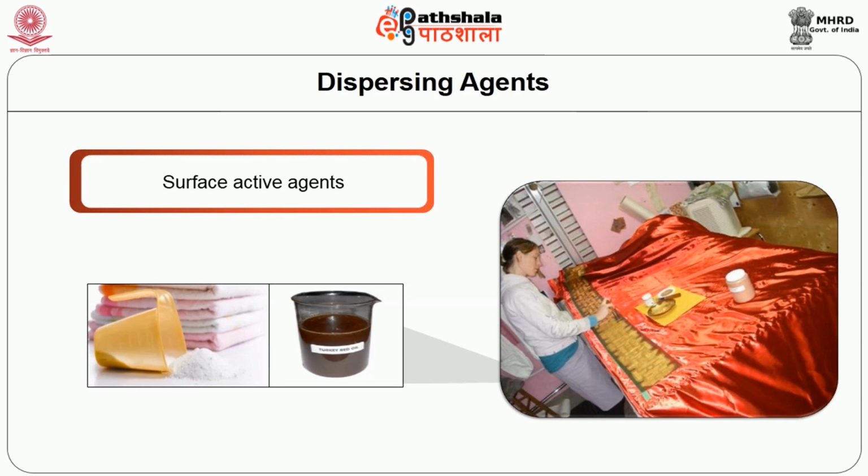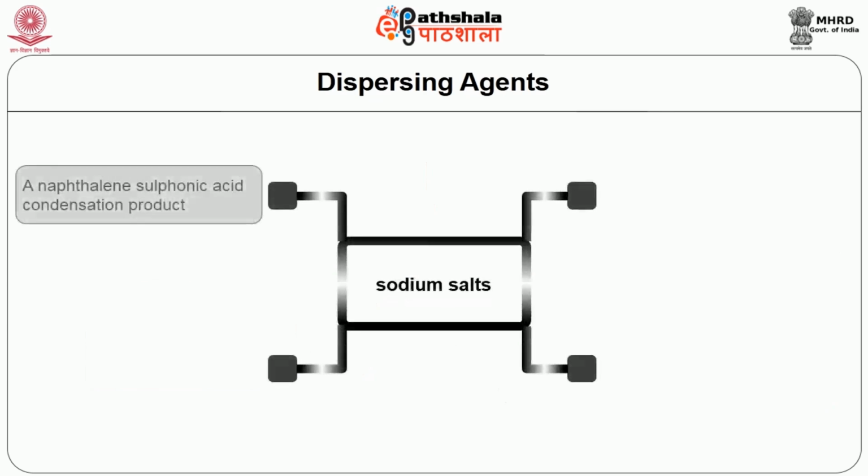Soap powder, turkey red oil, alkali sulfates, alkyl aryl sulfonates, sulfated fatty esters, etc. are some surface active agents which are recommended as dispersing agents in disperse dyeing.